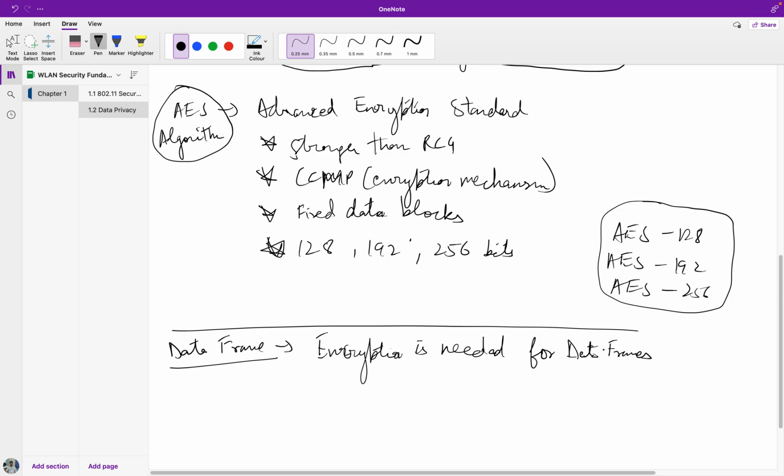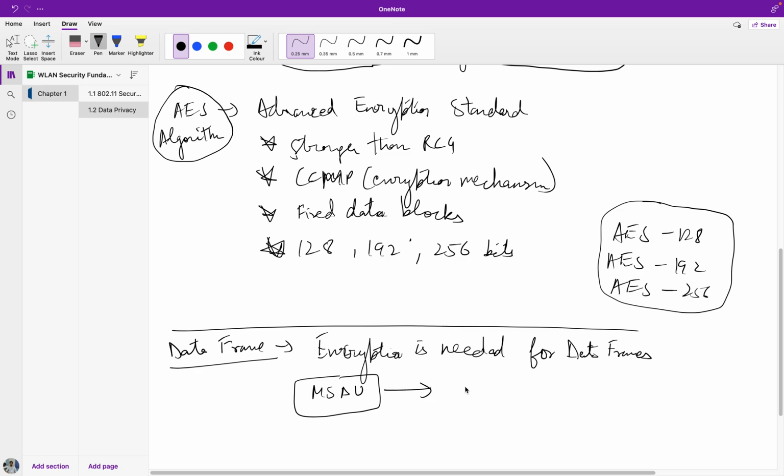Now if data encryption is enabled, the MSDU inside the body of any .11 data frame is protected by layer 2 encryption. Basically what I just said is that inside the .11 data frame there is something called an MSDU. I have discussed this in detail in the fundamental course, so go through that.